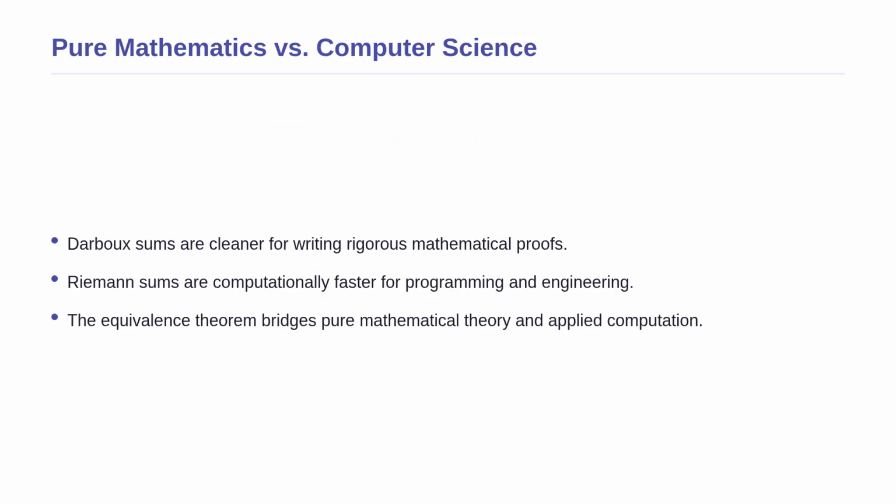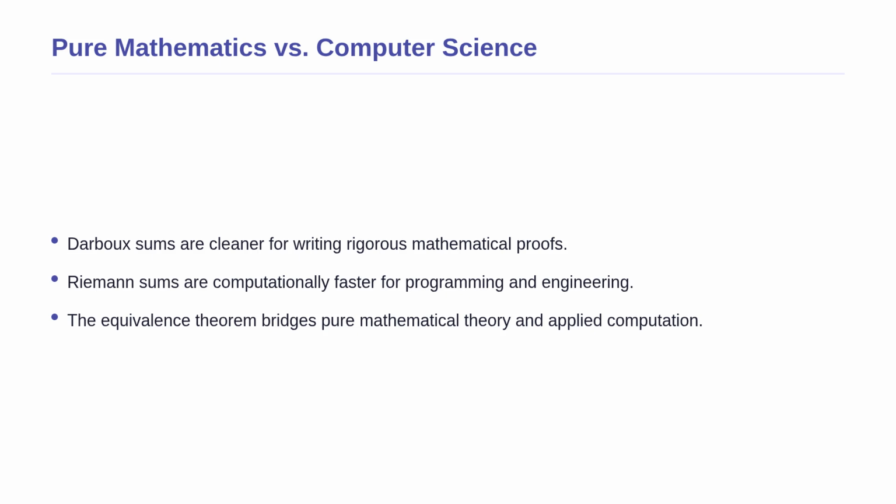Now that we have proven this equivalence, you might wonder why we need both definitions. Understanding this is incredibly important in both pure mathematics and applied computer science. In pure mathematics, dealing with random tag points is messy, so Darboux sums are much cleaner for writing rigorous proofs. On the other hand, finding absolute maximums is computationally expensive for a computer.